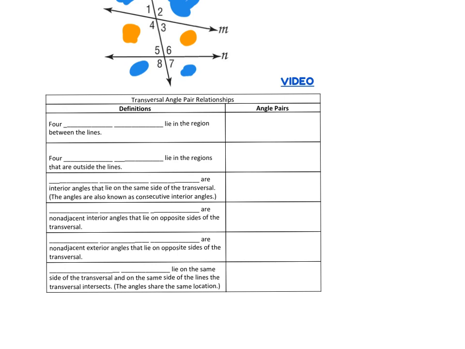So we have basically 4 interior angles which lie in the region between the lines. In this case, those are going to be angle 4, angle 3, angle 5, and angle 6.